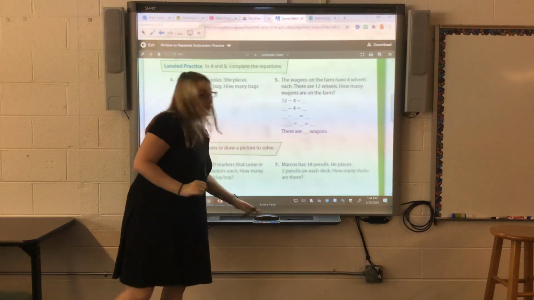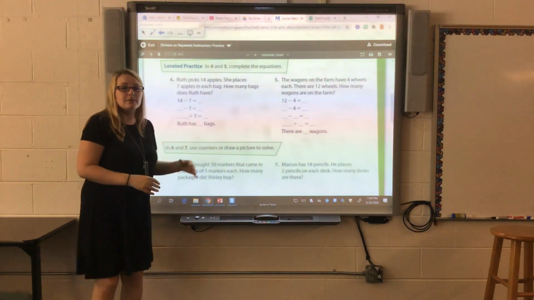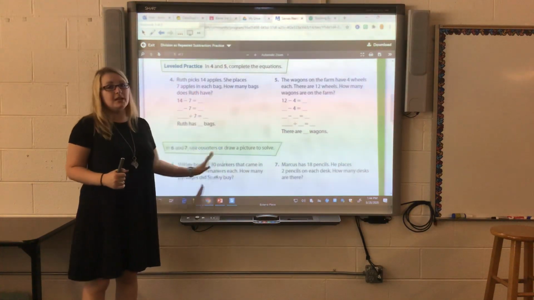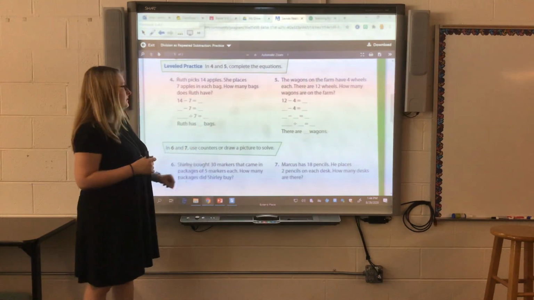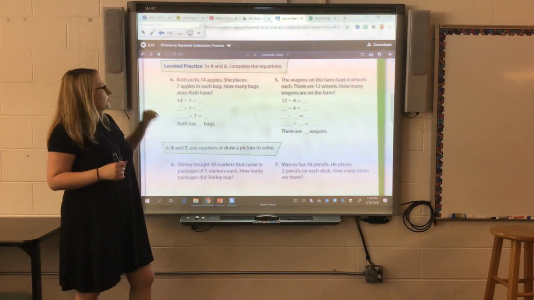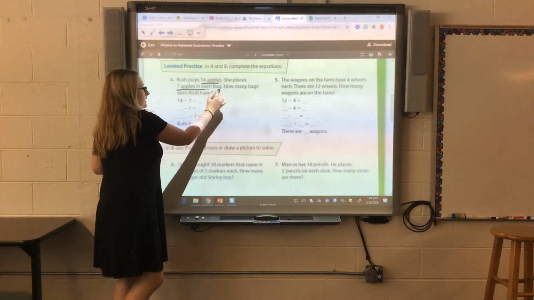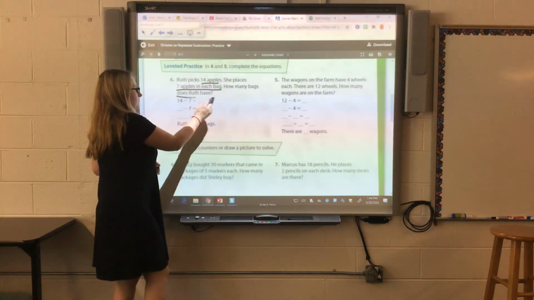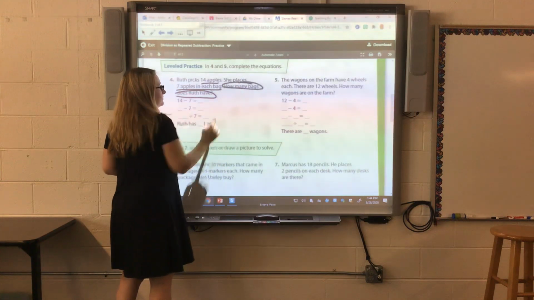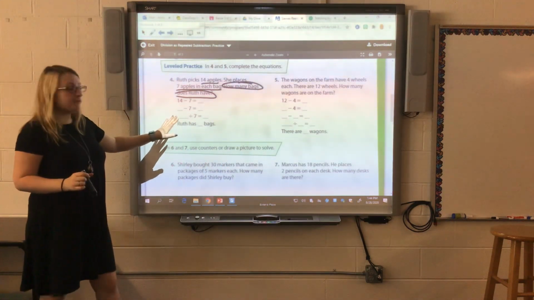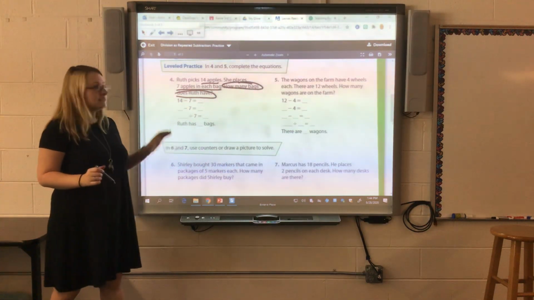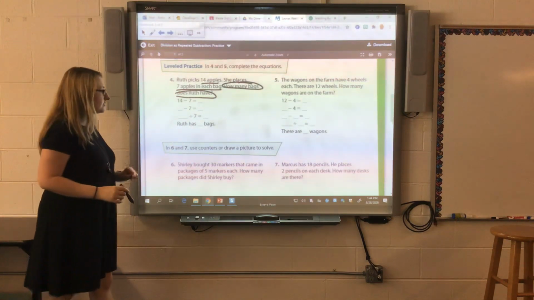Alright, we're going to complete these equations. You have some examples of this in your practice buddy for your assignment. It says Ruth picks 14 apples. She places 7 apples in each bag. How many bags does Ruth have? So they started the problem for us. They have 14 minus 7, and we need to find the answer.